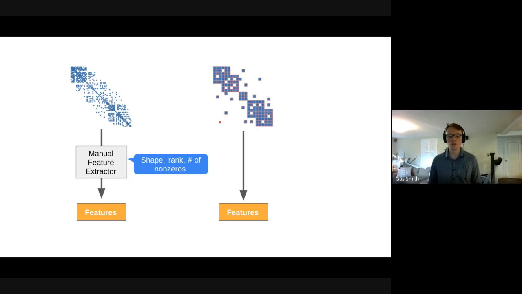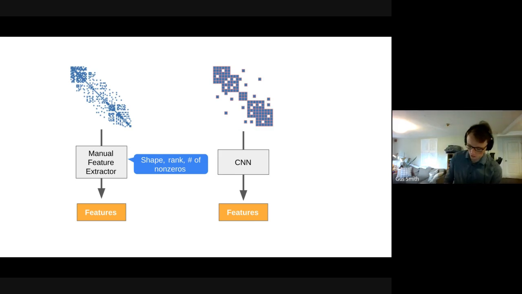This produces a relatively small feature, where for each piece of data we want in the feature, we're manually engineering that extraction. The other approach to generating features from a sparse tensor is using a CNN: training a small CNN to automatically generate features given a sparse tensor.